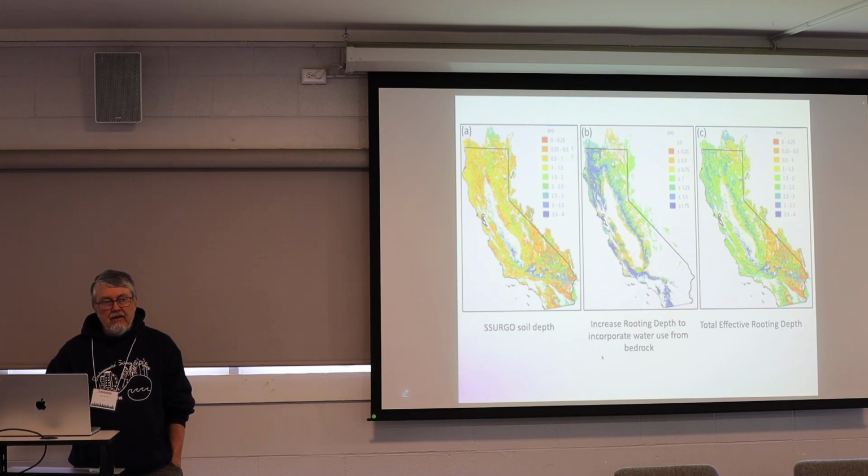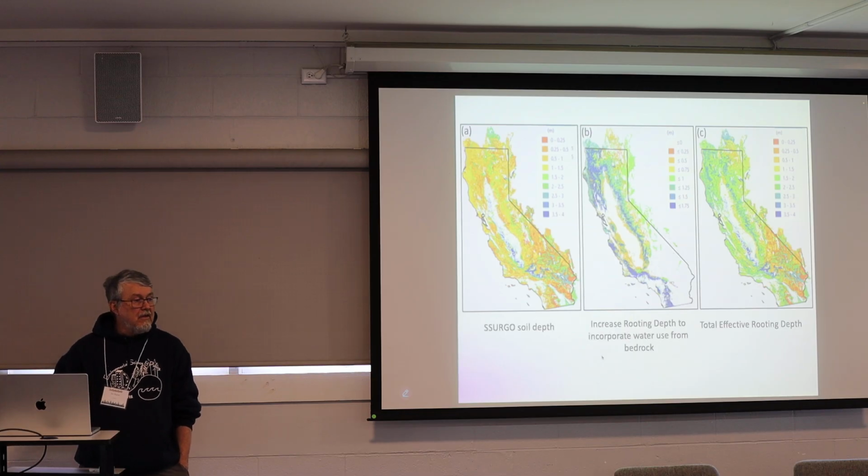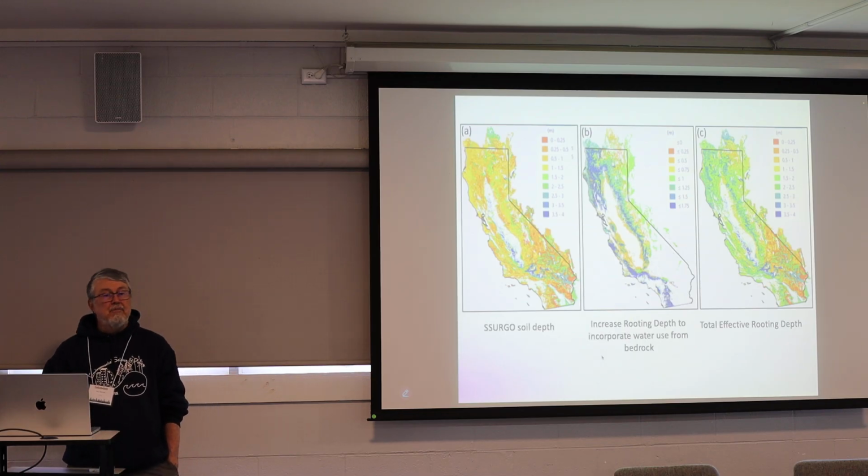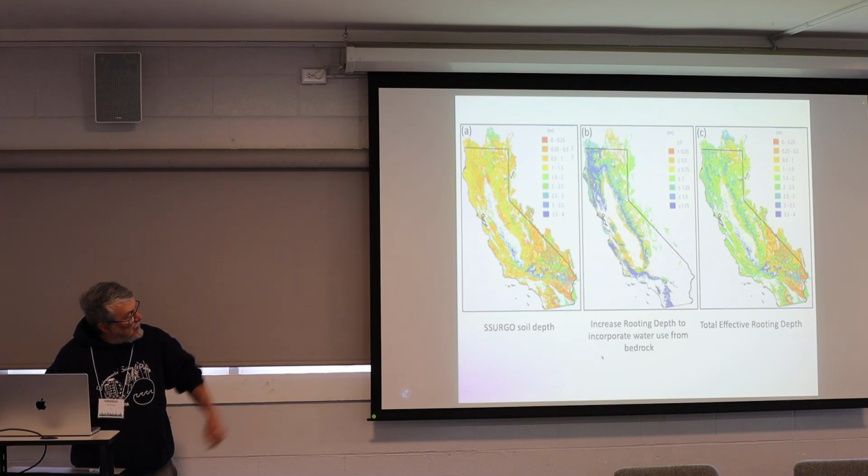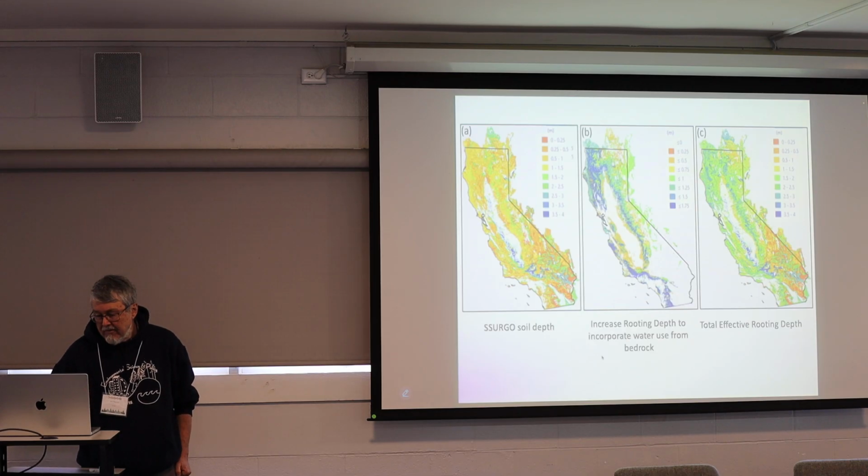It addressed inaccuracies in soil depth and soil porosity in soil maps. So soil maps are notoriously problematic, and by changing the rooting depth, we could then come up with a surface of effective rooting depth that you see on the right-hand side.